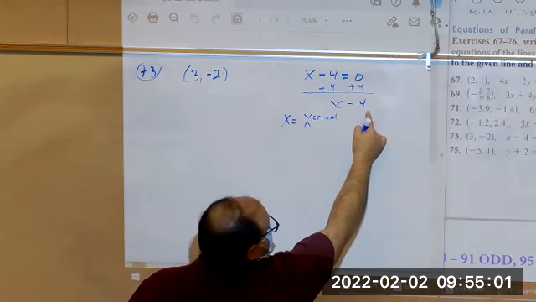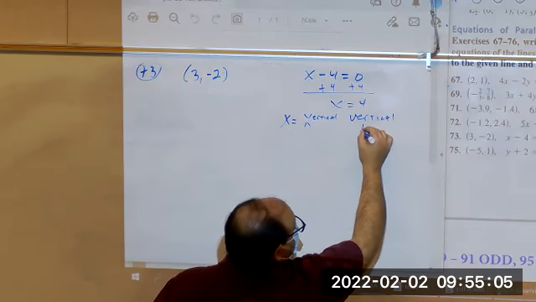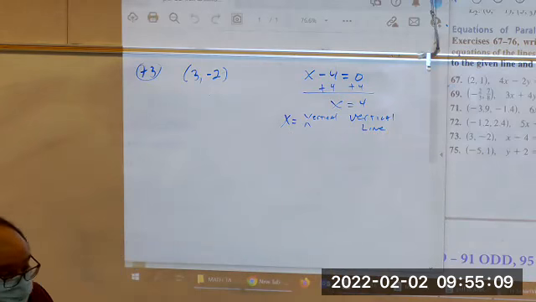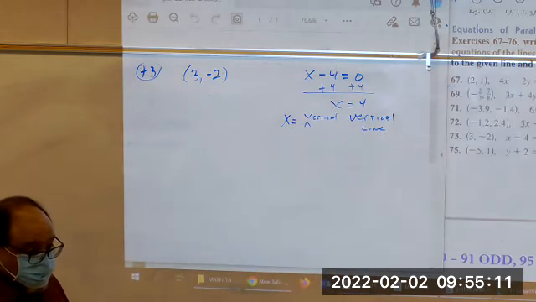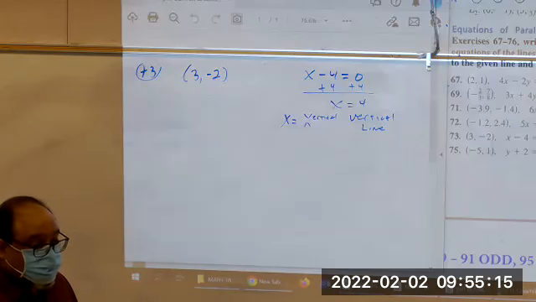So x by itself is a vertical line. The slopes of vertical lines are undefined.